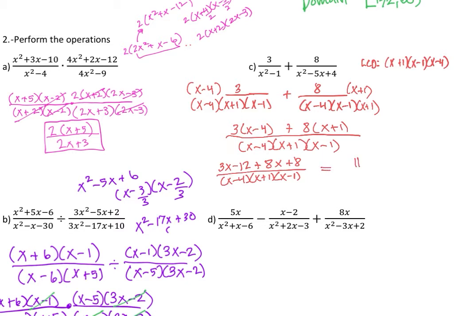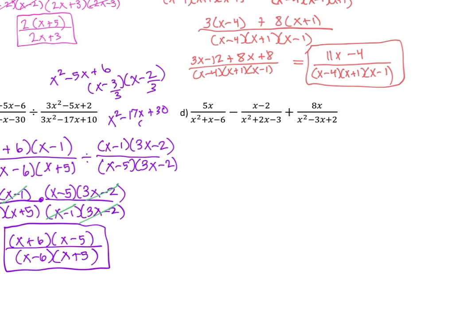We have 11x minus 4 all over x minus 4 times x plus 1 times x minus 1. All right, so that's our final answer. You do not need to FOIL through anything. There we go. All right, let's look at D.